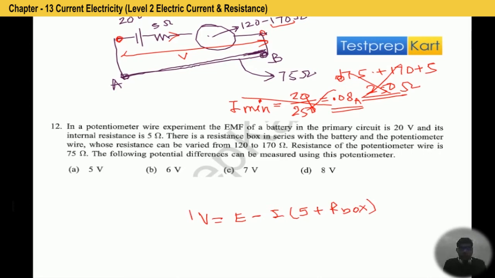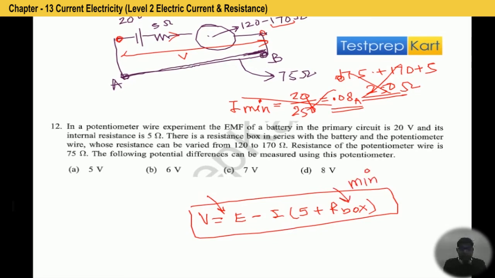So if we want to increase this reading, we have to take it minimum. Then only we can measure the maximum voltage. So let's take our box minimum value, that is 120.